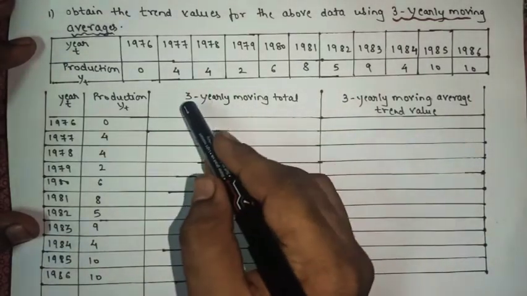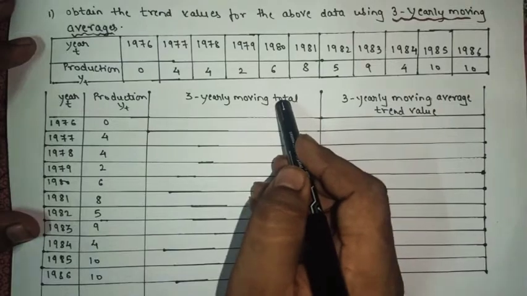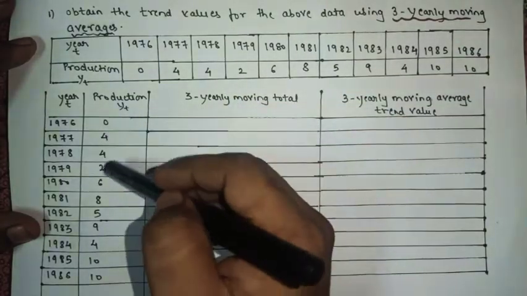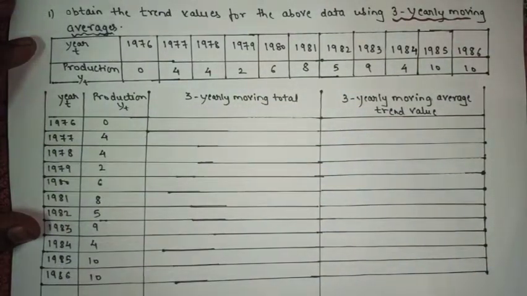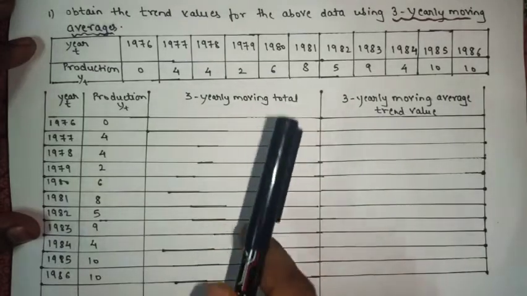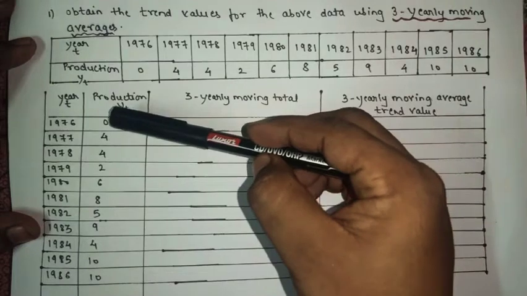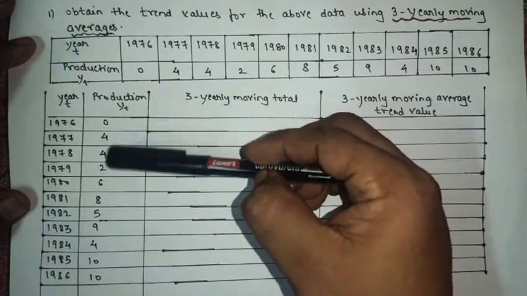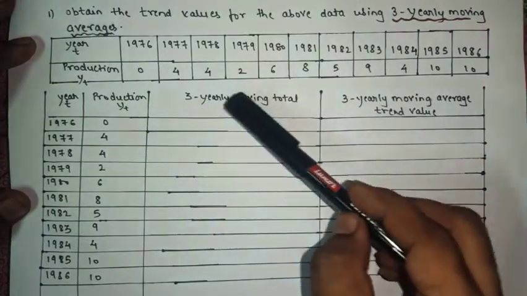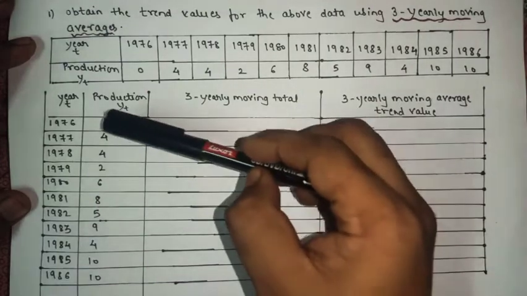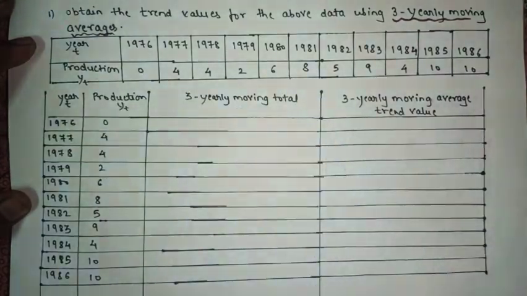Here it is written 3 yearly moving total, so we have to add the production, not the years. Understood? Total means adding 3 years' production, like 0, 4, 4. Can you see? So 3 yearly moving total means we have to add the production, not the year. Remember this point. Okay, now we'll start with the sum.